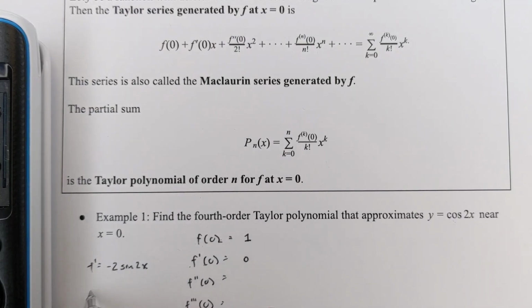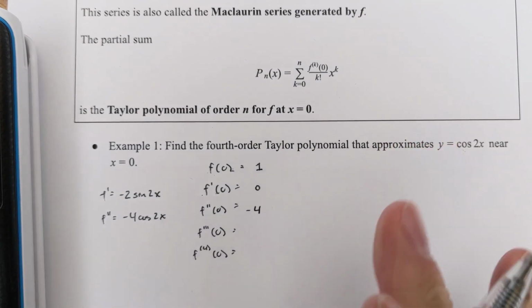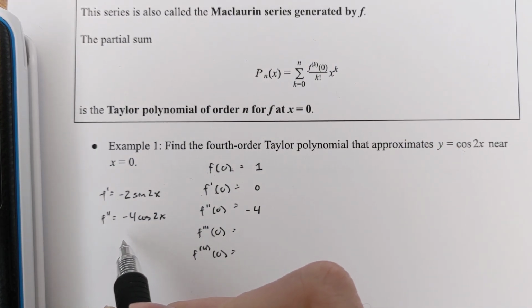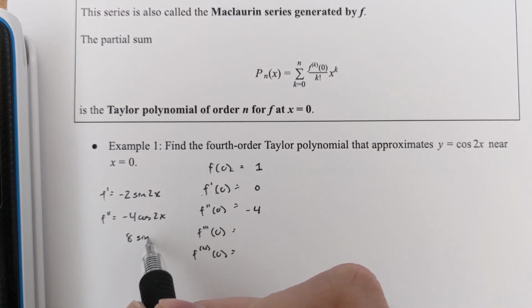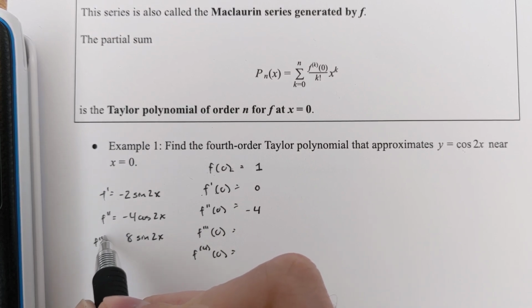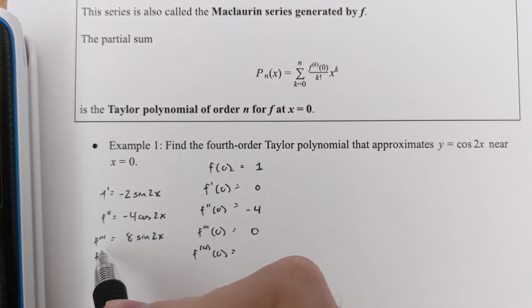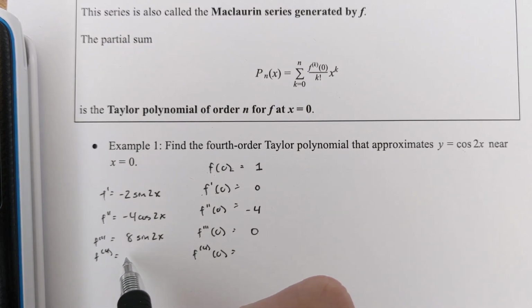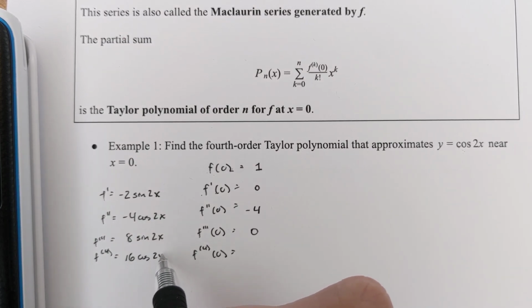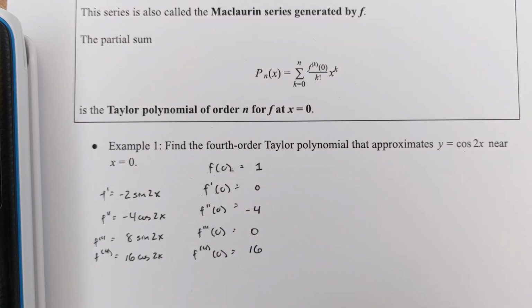Okay, so f double prime, the second derivative, is going to be negative 4 cosine 2x, which comes out to be negative 4. The third derivative is going to be positive 8 sine 2x, which is also 0. And then the fourth derivative is going to be 16 cosine 2x, which comes out to be 16.